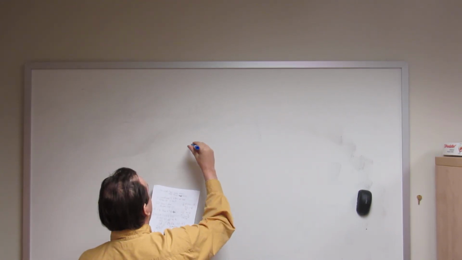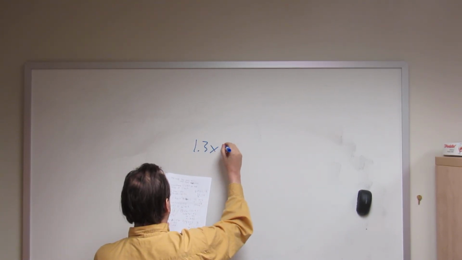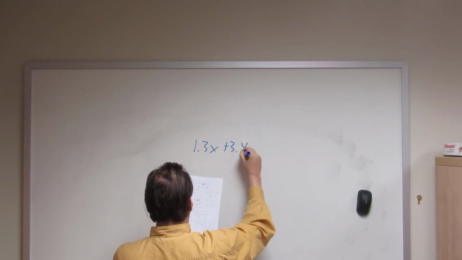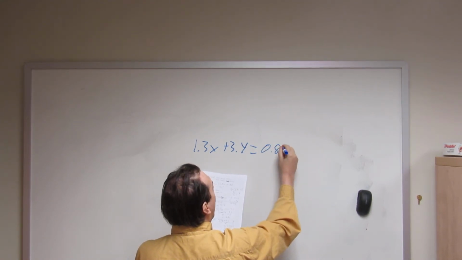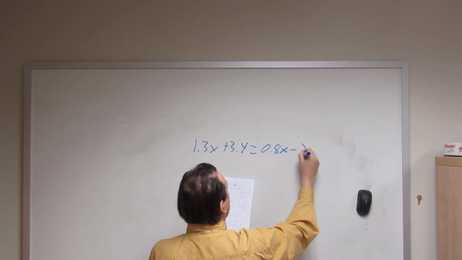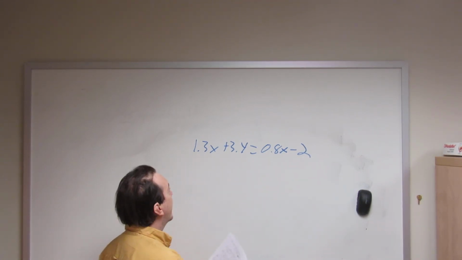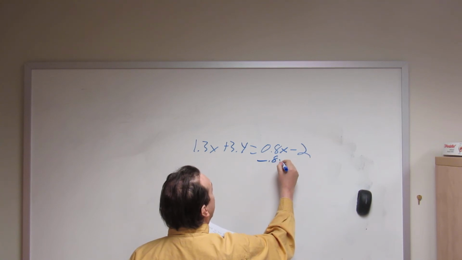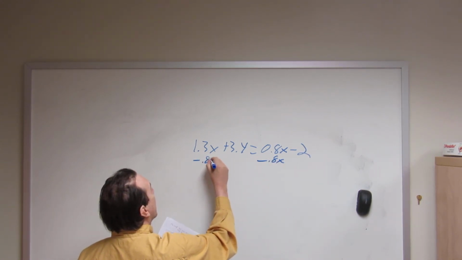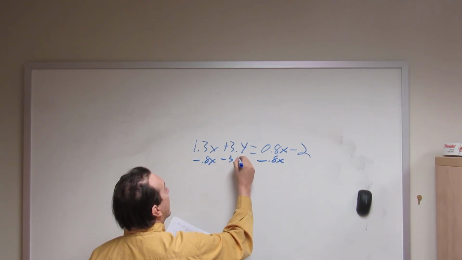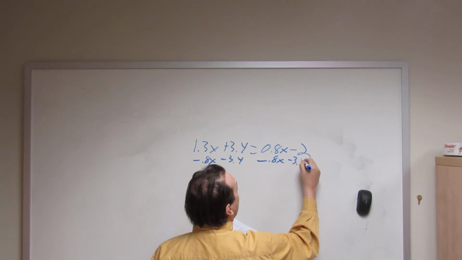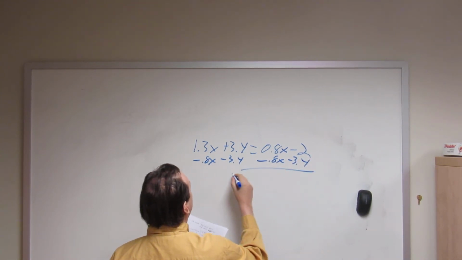Next, let's say we have 1.3x plus 3.4 equals 0.8x minus 2. We want all the x's on one side, all the numbers on the other. So I'm going to subtract 0.8x, and I'm going to subtract 3.4.